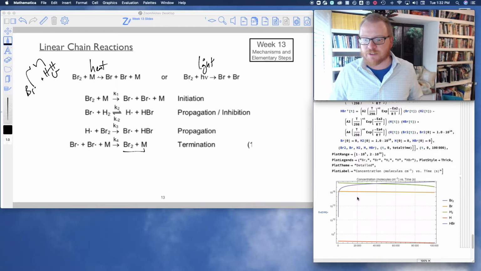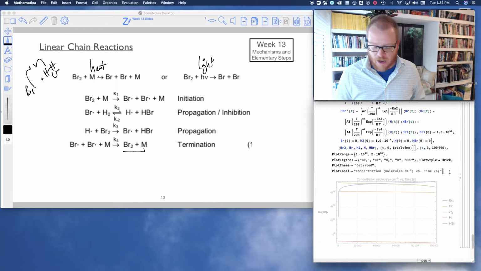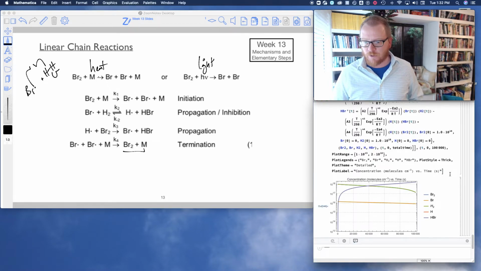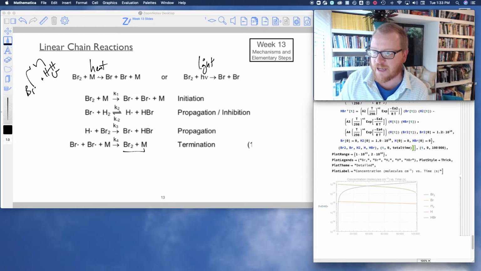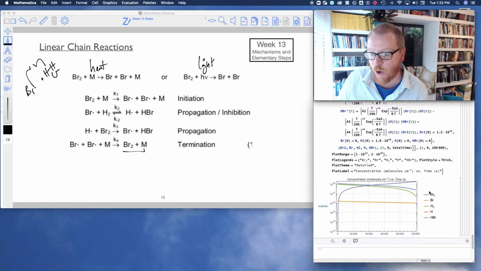So huge differences. And I'm also going to change this to log scale just so you can see it in a little bit more detail here. Let's hope that works. Yes. So you can also see you can't even distinguish bromine and hydrogen because I set them both to be the same concentration. If I make bromine just a little bit different, you'll be able to see now, super dynamic.